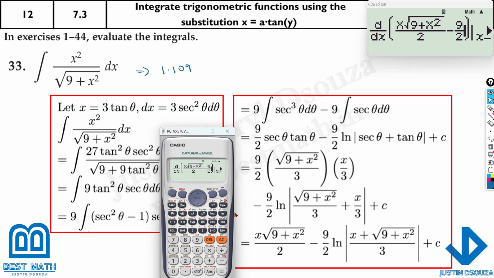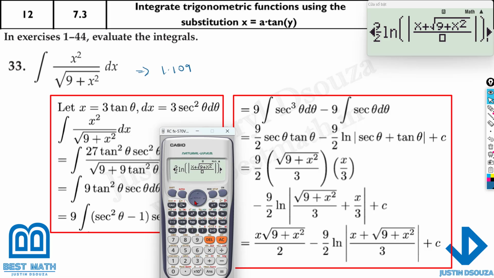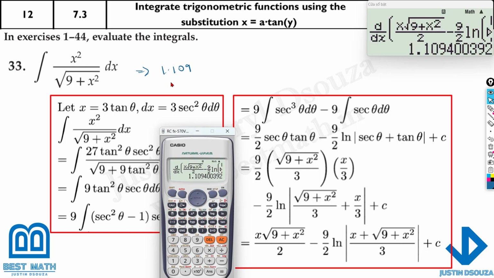And then use ln and then the modulus, that's absolute value. Call it modulus because it's the same thing. x plus square root of 9 plus x squared, divided by 3, and then close the bracket properly. And now the x value was 2. It must match, and yes, it is matching.